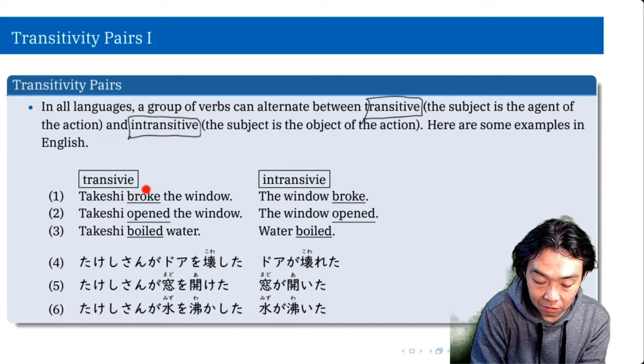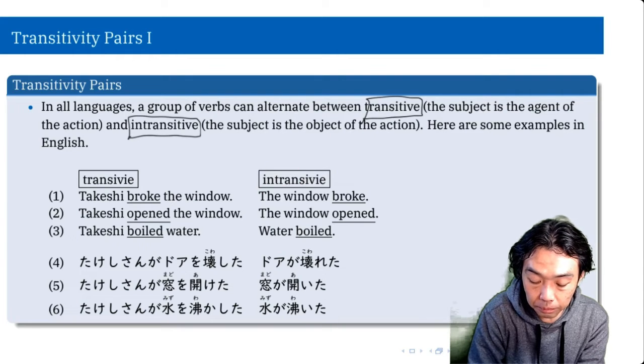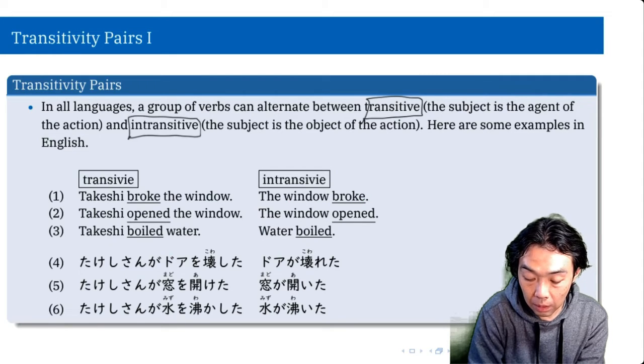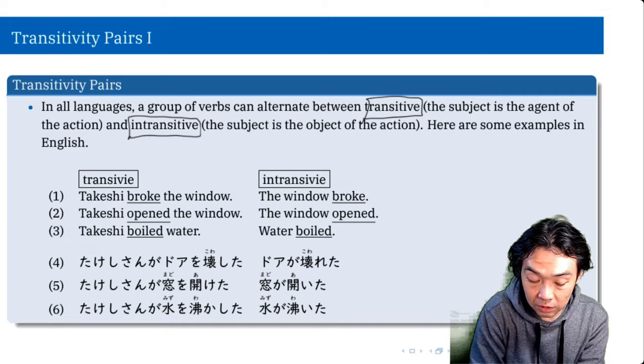The same verb, to break, can be an intransitive verb. And if it's used as an intransitive verb, it becomes the window broke. The difference from the transitive verb is that there's only one noun, and also the subject is the patient. The subject is the receiver of the action, right?